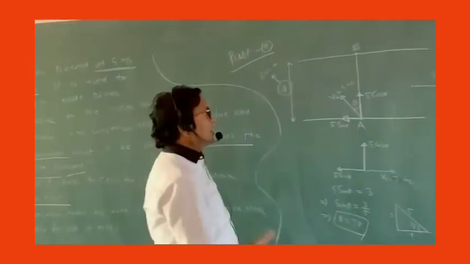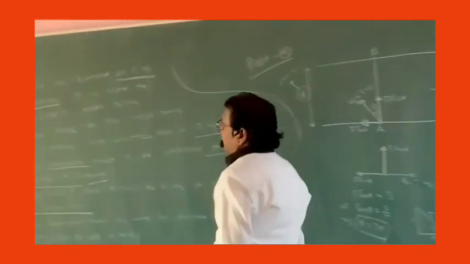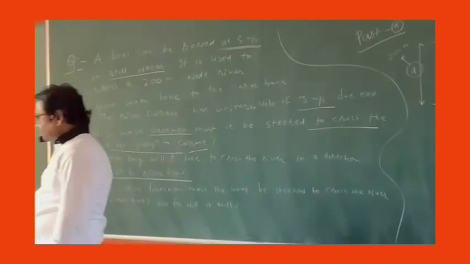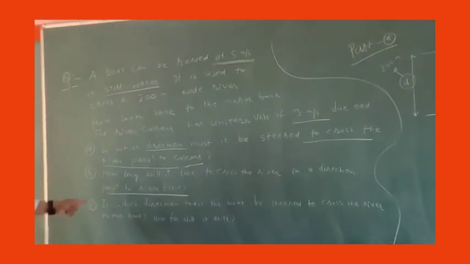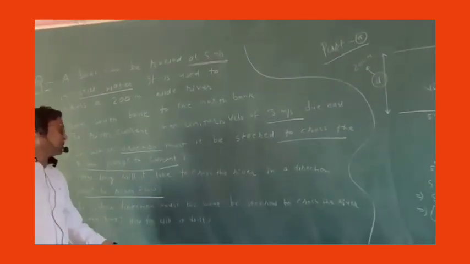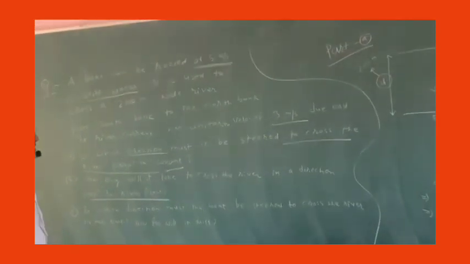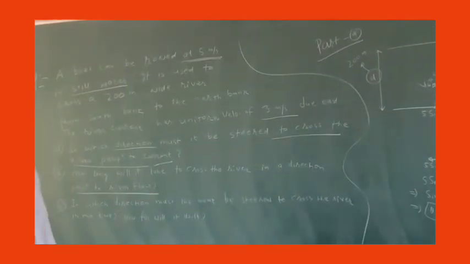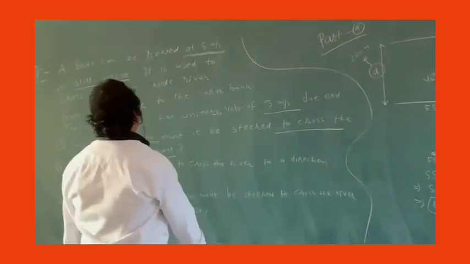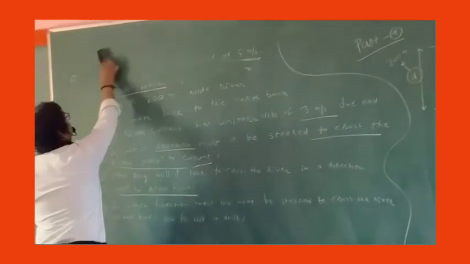Okay. So in the next part, what are they asking? In part C, in which direction must the boat be steered to cross the river in minimum time?